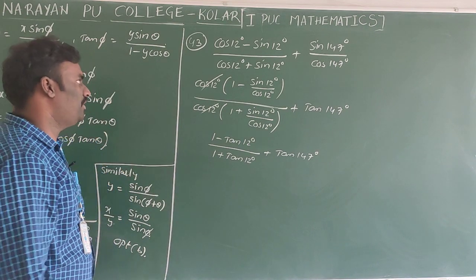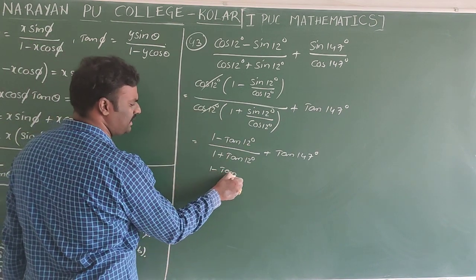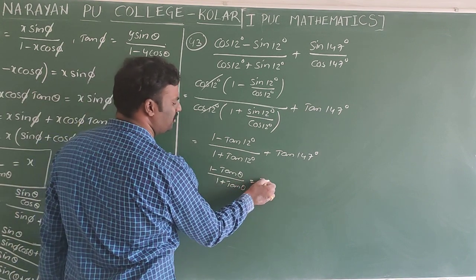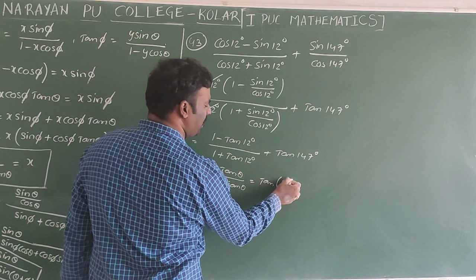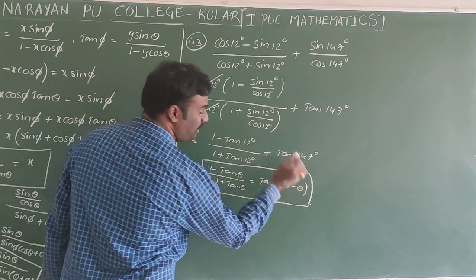So we have the formula: 1 minus tan theta by 1 plus tan theta is equal to tan of pi by 4 minus theta. Taking degrees, that is 45 minus theta.